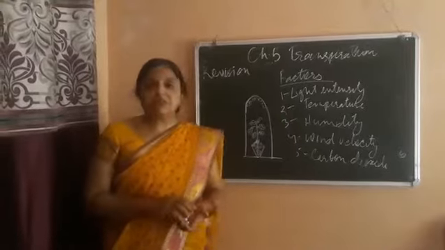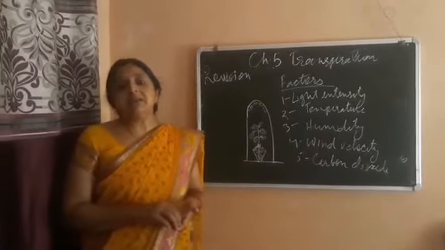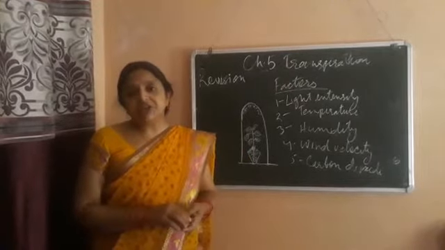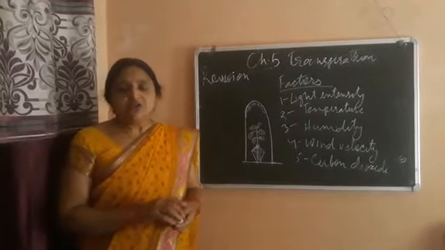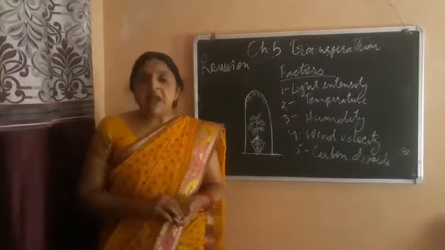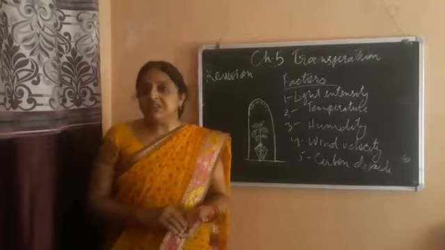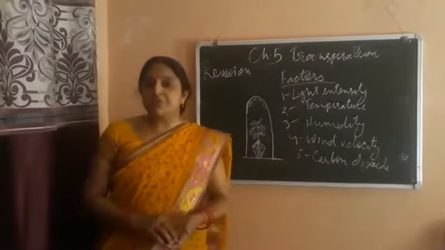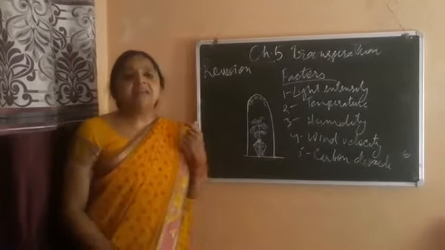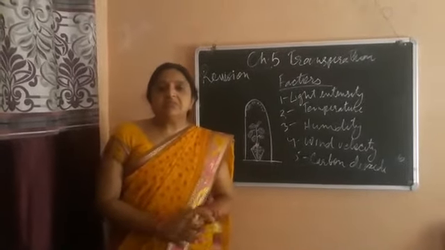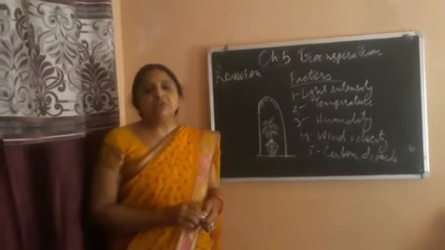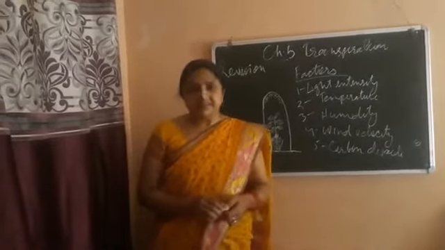Now these are the three processes of water loss in the green plant: transpiration, guttation and bleeding. You must learn these three processes. And through which cell do these processes occur? Transpiration occurs through the stomata, guttation occurs through the hydathode cells, and bleeding occurs through the lenticel cells.